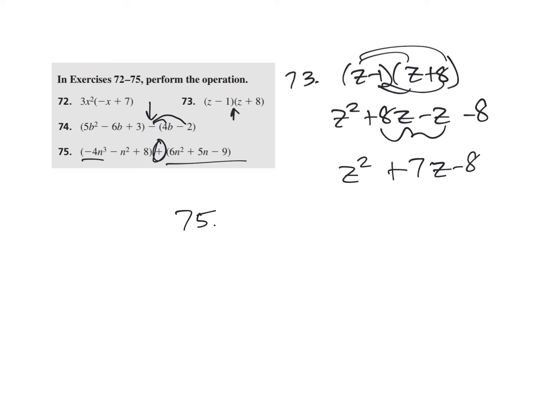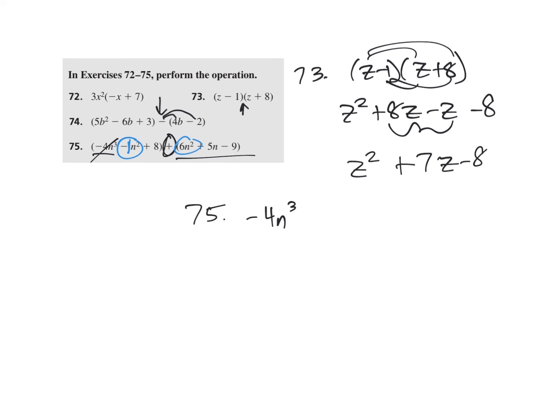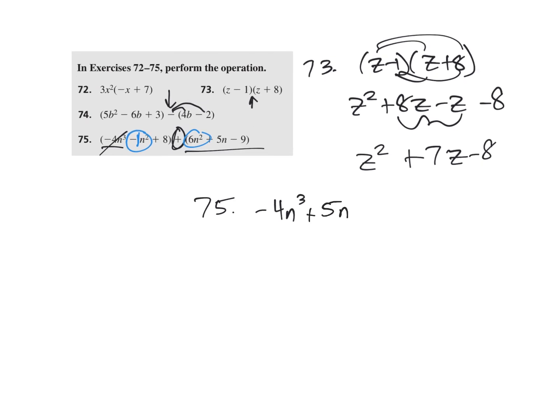Well, they don't have a 4n cubed in the second part, so it doesn't disappear, but it doesn't get added with anything. So now I have a negative n squared and a 6n squared. So a minus 1n squared and a positive 6n squared, that gives me a positive 5n squared.